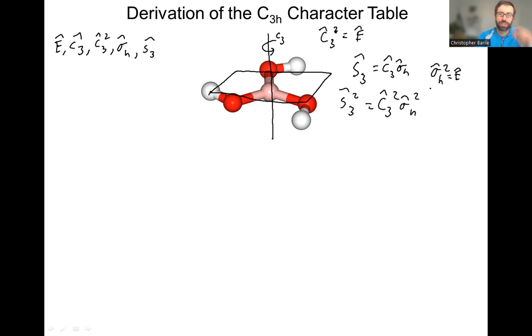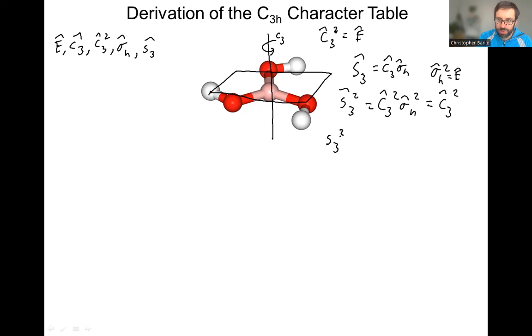Because in a mirror plane, you took something from top, put it at the bottom, but then if you do it again, you took something from the bottom and took it to the top. We're talking about a horizontal mirror plane. So this sigma h squared term just drops out. So this is just equal to C3 squared, and we already have C3 squared.